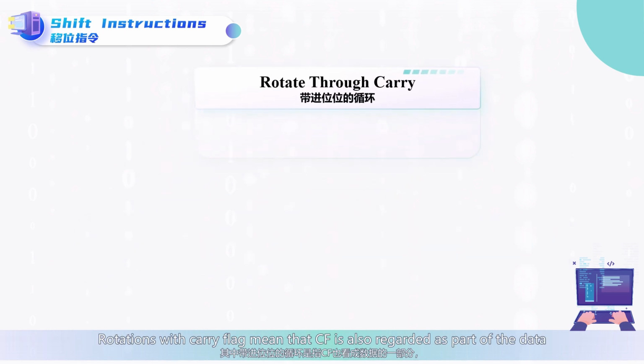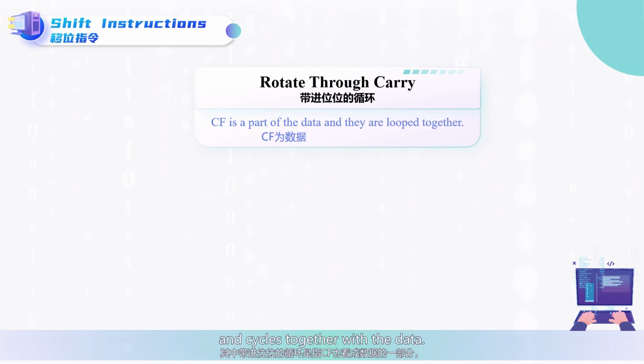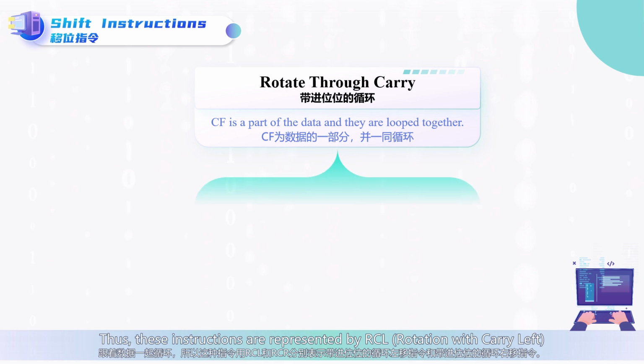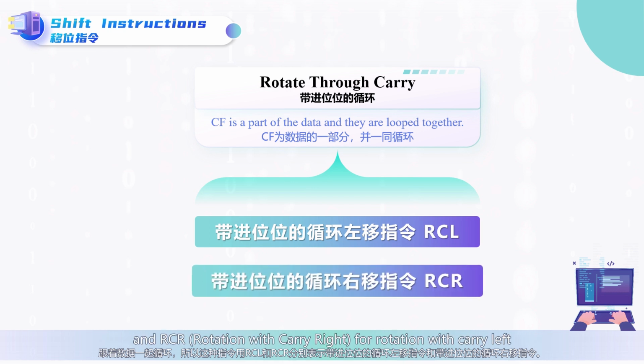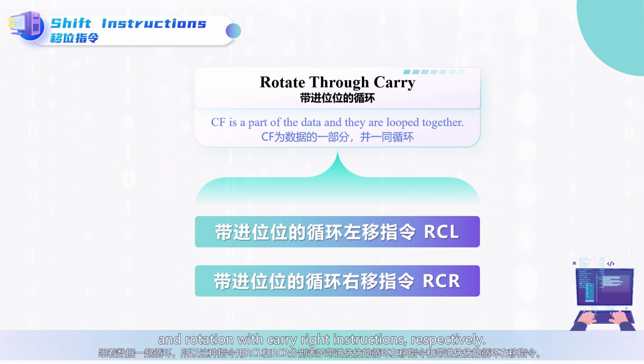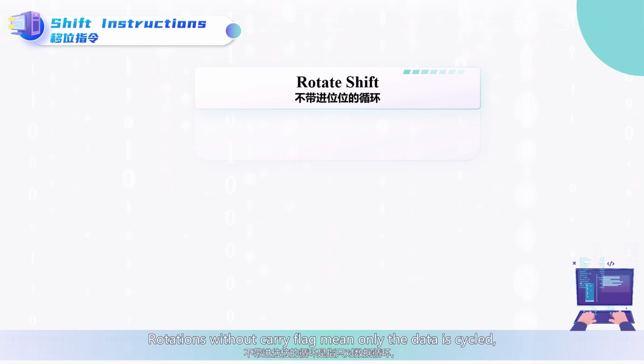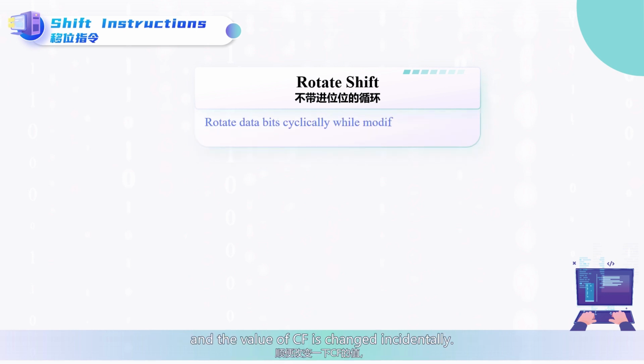Rotations with carry flag mean that CF is also regarded as part of the data and cycles together with the data. Thus, these instructions are represented by RCL, rotation with carry left, and RCR, rotation with carry right. Rotations without carry flag mean only the data is cycled, and the value of CF is changed incidentally.